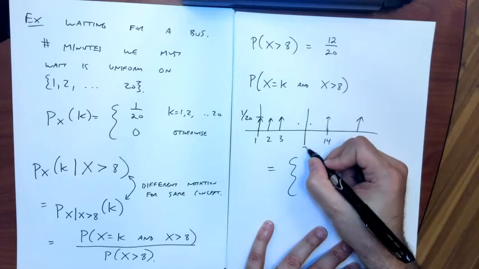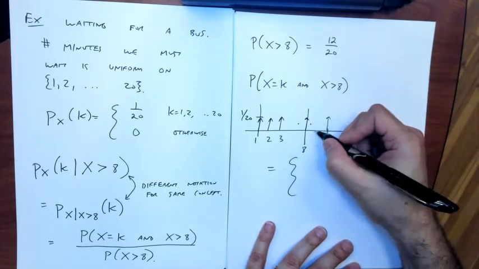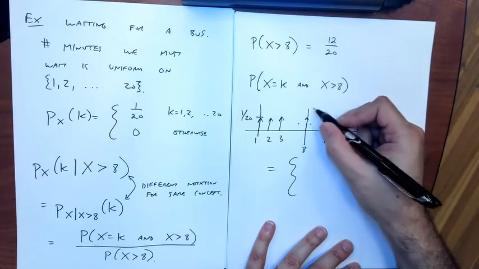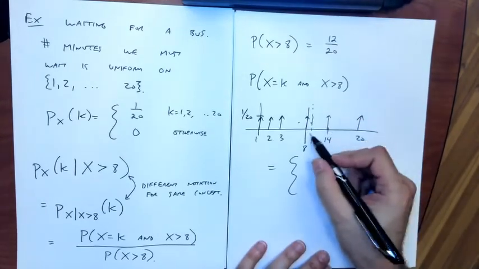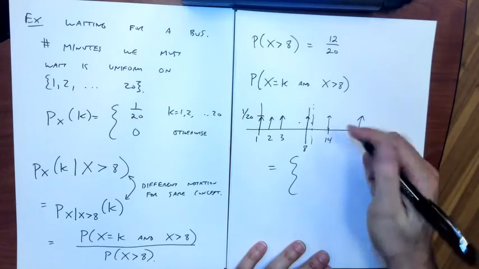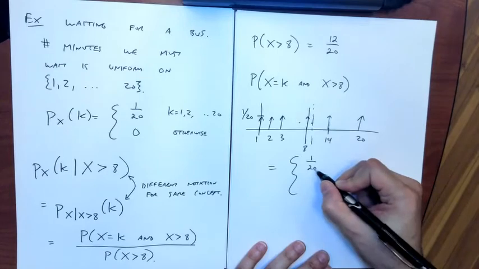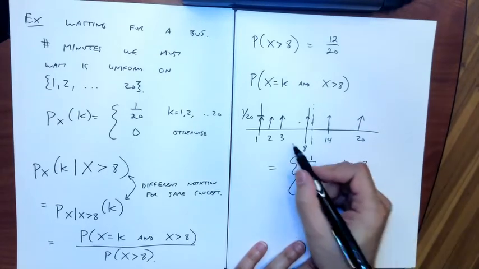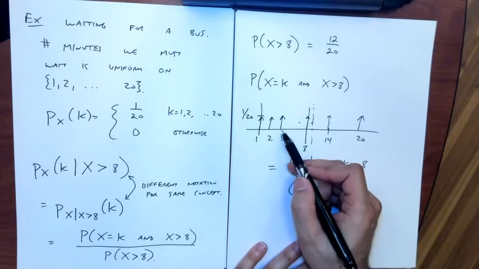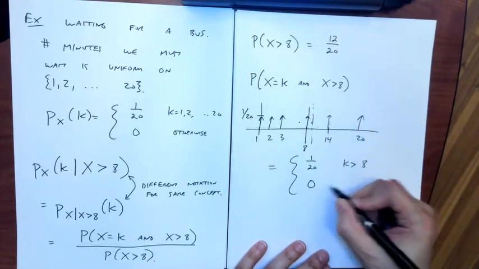Here's my dividing line. So if k is greater than 8, the probability of, say, x equals 14 is 1/20th for those values that are greater than 8. And if I ask about k equals 3, well, x equals 3 and x is greater than 8, I can't have that. That's 0.